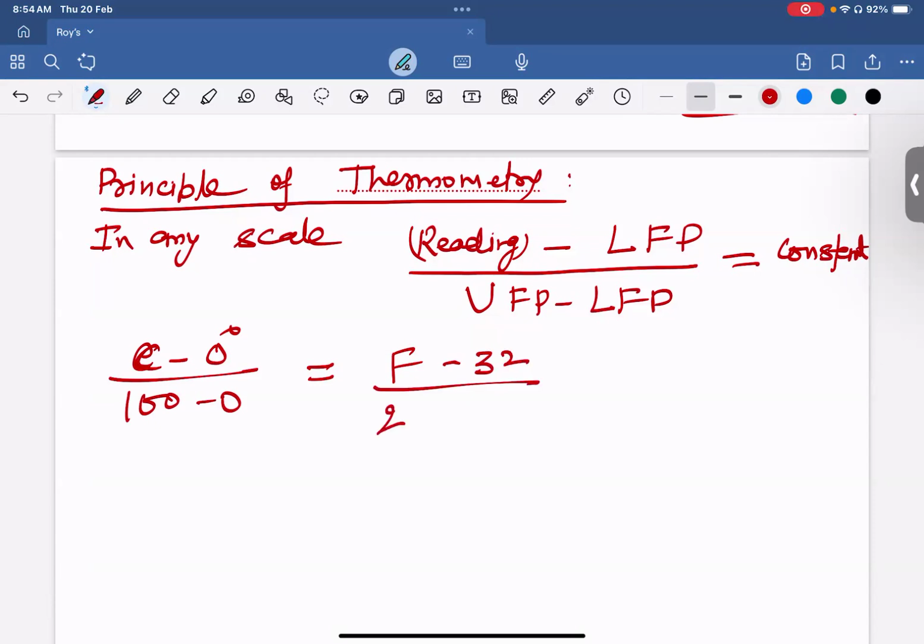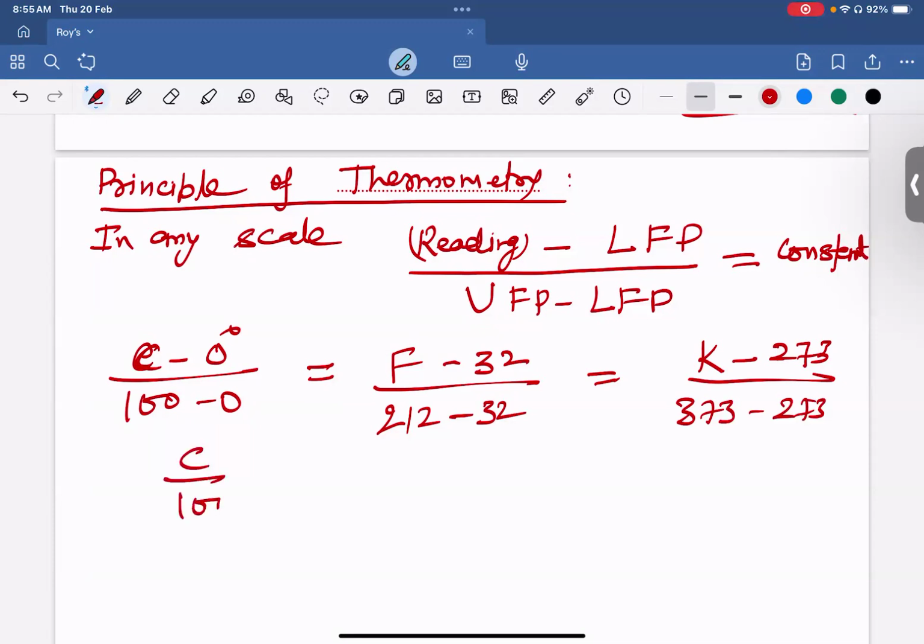F minus 32, 212 minus 32, that is 180. Kelvin, let's suppose reading is K minus lower fixed point is 273 and upper fixed point is 373 minus 273. This is the formula that we can use.